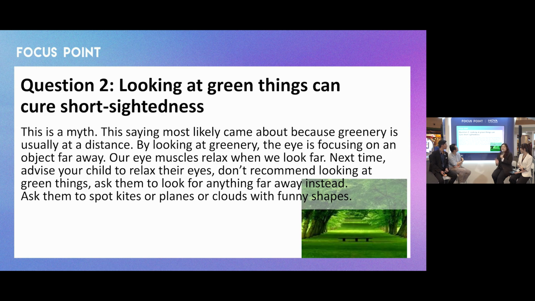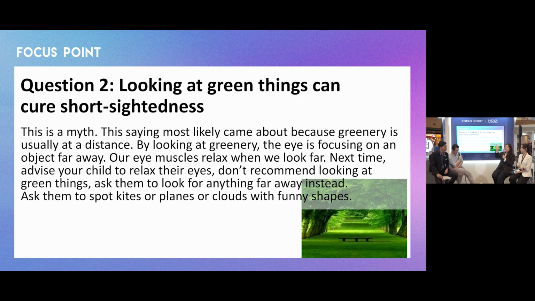So other than that, if you ask your children to try looking at something green, sometimes in the fall, the leaf is no longer green. What if the leaf becomes yellowish? So we can also encourage outdoor activities by spotting kites in a field, or maybe we can ask them to try to find cute clouds.